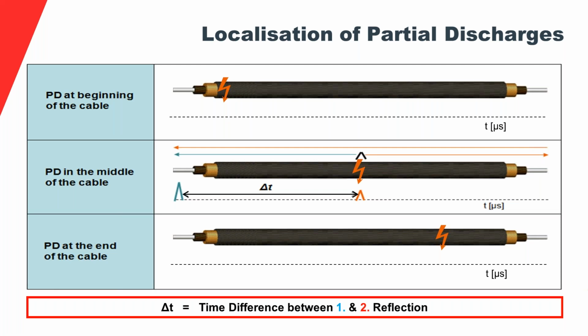And then there is a time difference, a delta t, and that allows you to calculate the distance of the source from the detector. Now, if we have a PD fault, and I hope you can see the animation that is starting soon, at the near end, close to the detector, this is going to happen. First reflection, and we're in the time domain, remember that.